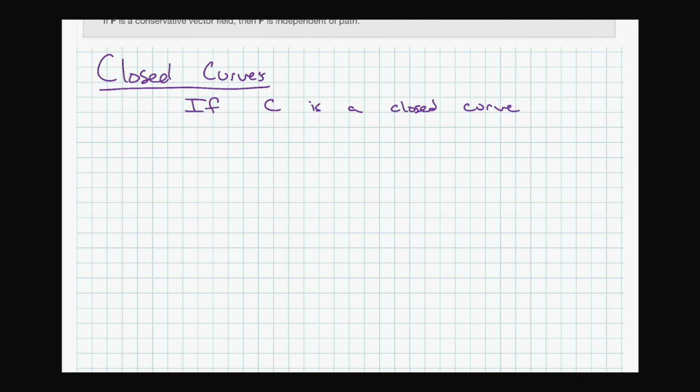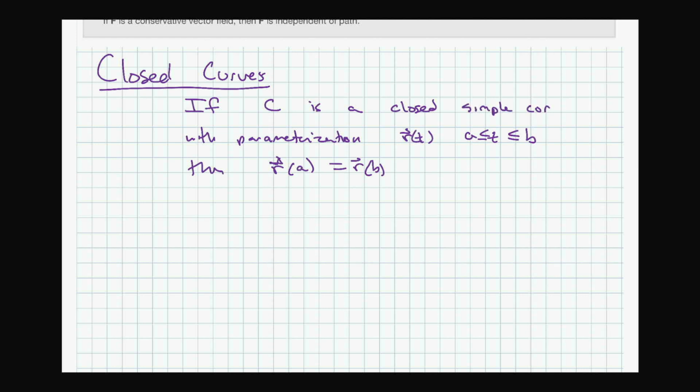If C is a closed curve with parameterization R of t, where t is in between A and B, then R of A equals R of B. I should say closed simple curve, right? I guess it actually doesn't matter, but I'm going to say closed simple curve.